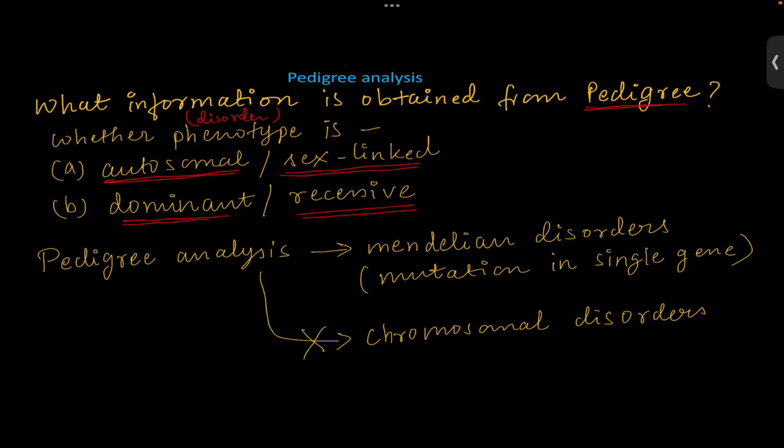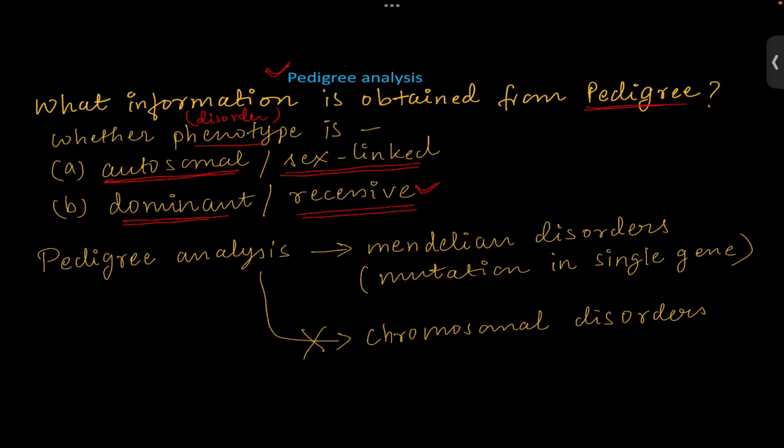But if the mutant allele is recessive in nature, then for the phenotype or the disorder to happen, the person should have both copies of the mutated allele. This is what you have understood from Mendelian inheritance. So those principles are used while analyzing a pedigree.